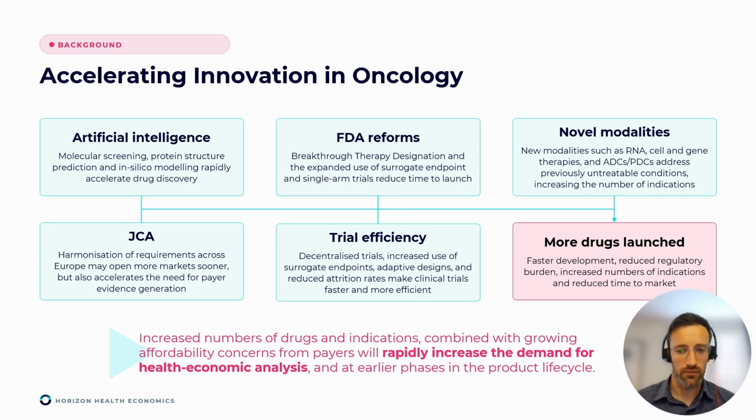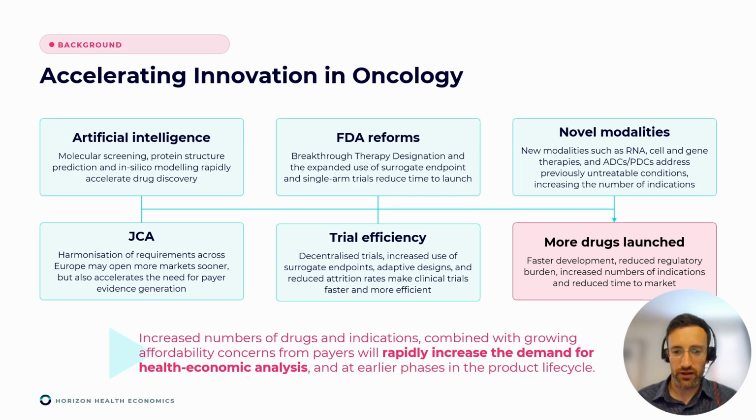We're seeing a lot more allocations of breakthrough therapy designation, the expanded use of surrogate endpoints in trials, single-arm trials, and Bayesian frameworks used for trial design. All of this is essentially meaning we're moving through trials much quicker than we used to, and the time between trial evaluation and drug launch is becoming much shorter.